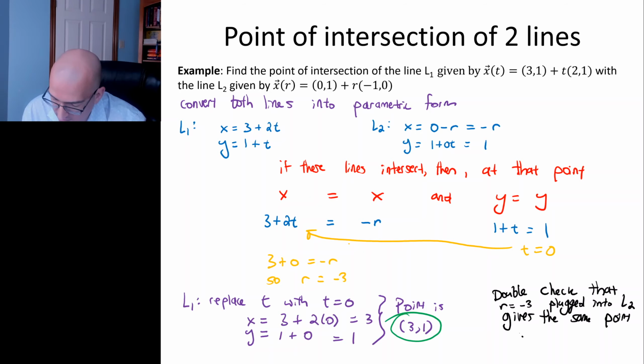So x equals -r, which is -(-3), which is 3. So far, so good. And y is equal to 1. So yes.